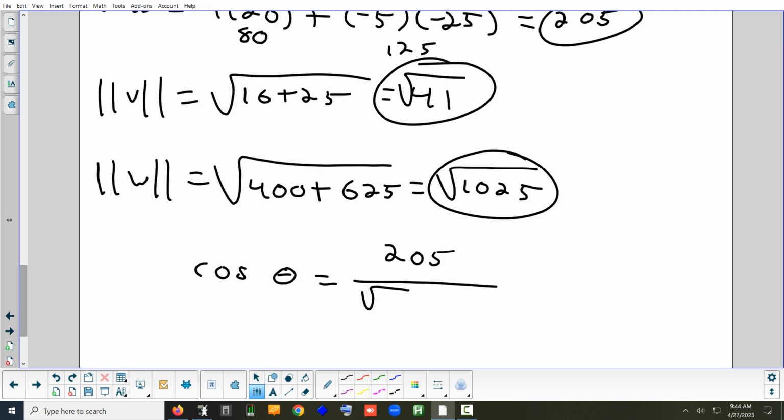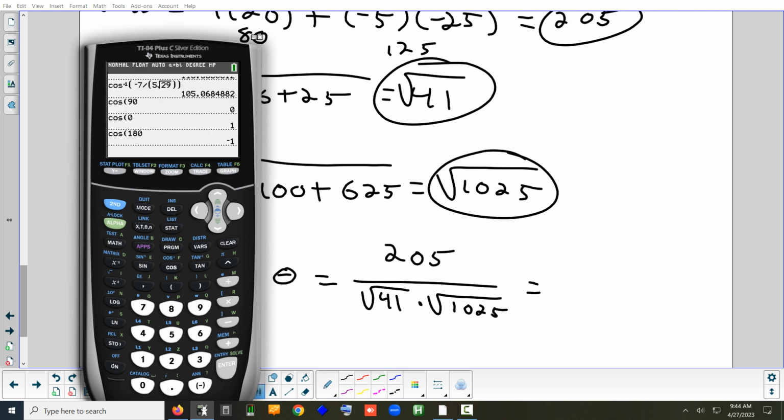Square root of 41 times the square root of 1025. Now, if these are going to be parallel, what am I hoping the bottom is going to come out to here? Yeah, 205. It's got to come out to 205. You might think, well, yeah, but couldn't it come out to -205? Well, no, because that's a positive times a positive. So it's going to be positive. So if these are parallel, the bottom needs to come out to 205.